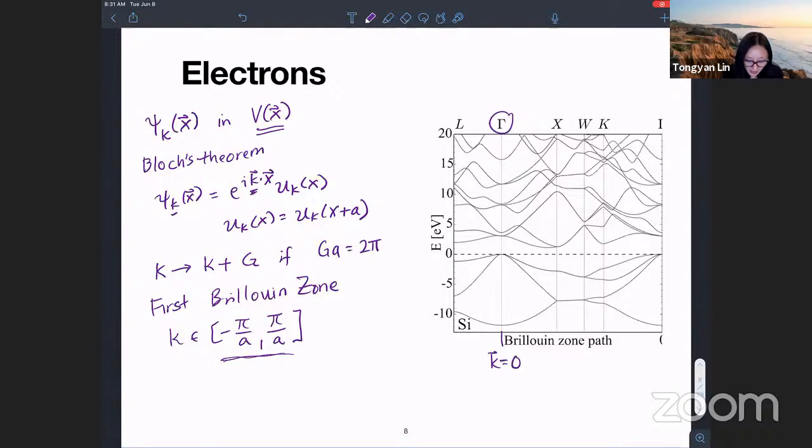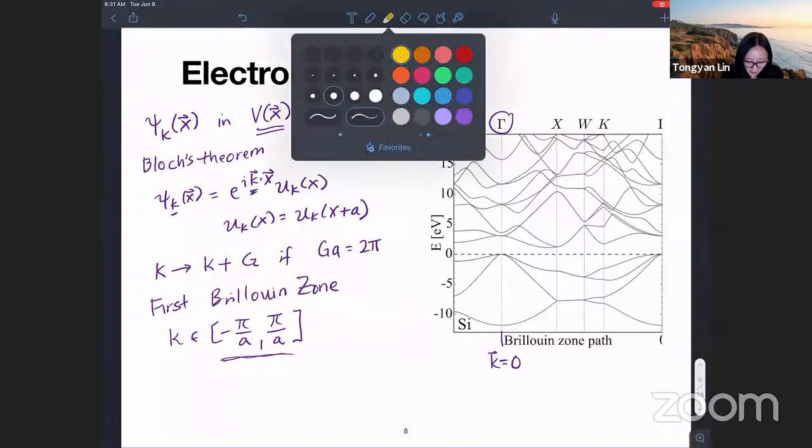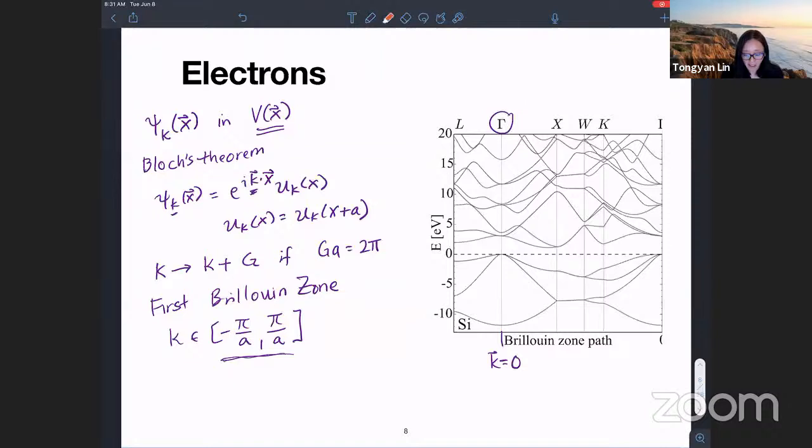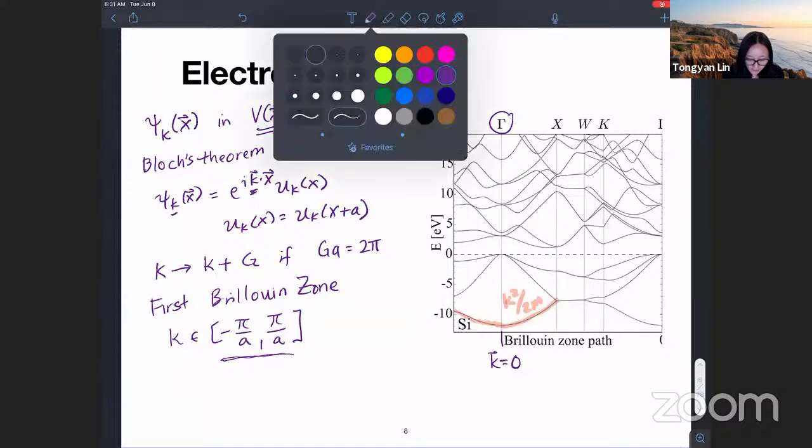Okay, so there's a lot of stuff going on, but we can simplify a little bit. If we look near gamma = 0, what you'll see is there is actually this quadratic dispersion here, which is basically the beginnings of a k²/2m dispersion, which you would expect for free electrons.